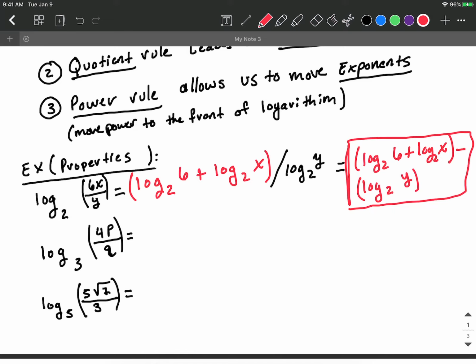This one's going to be very similar, so I'm going to do it the other way now. I can say log base 3 of 4p, and I'm going to say minus log base 3 of q. I'm noticing that the division is occurring first, and then I can multiply those two, which multiplication changes to addition.